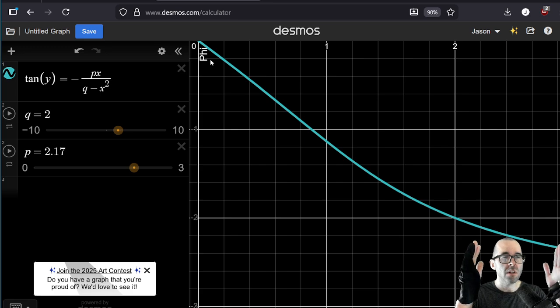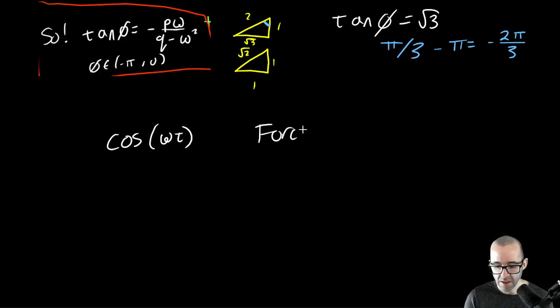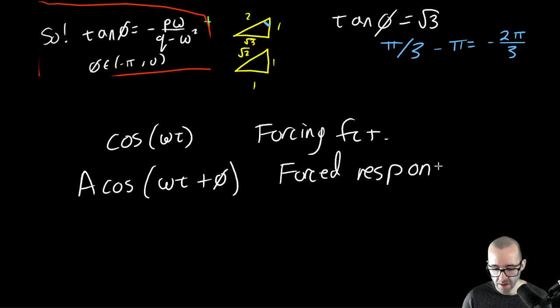If you remember, and hold on, there's really a lot going on here, sorry. We have our forcing function, which is just looking like this. But we also have our forced response, which is in this form. This is our steady state behavior.